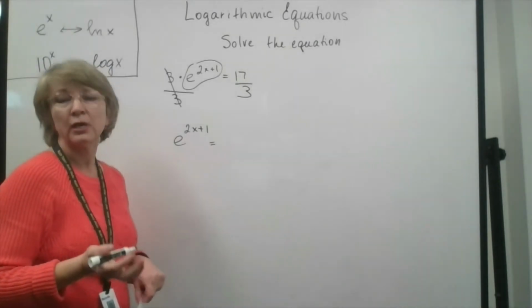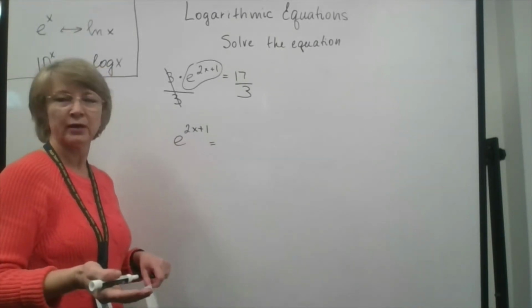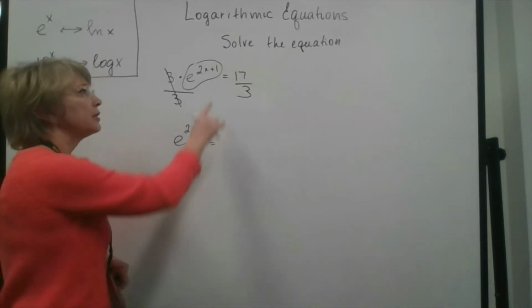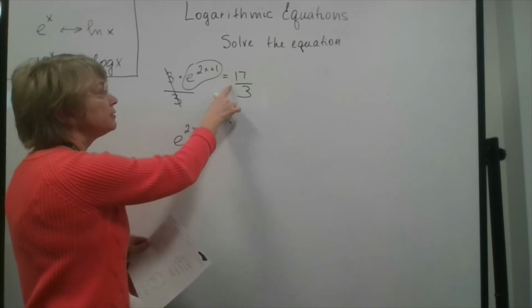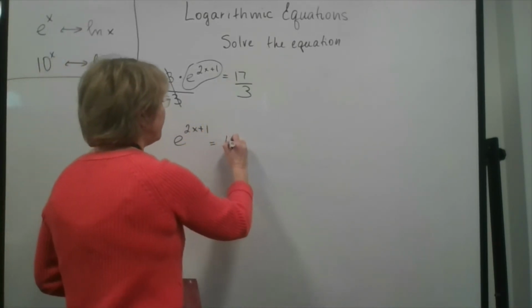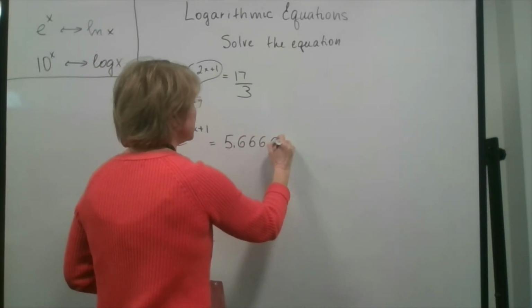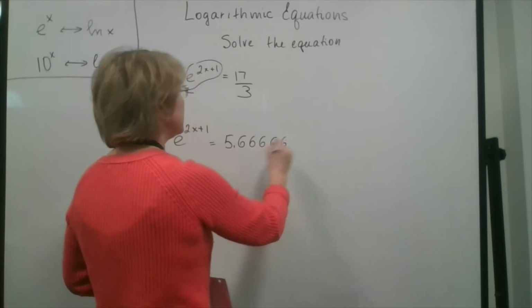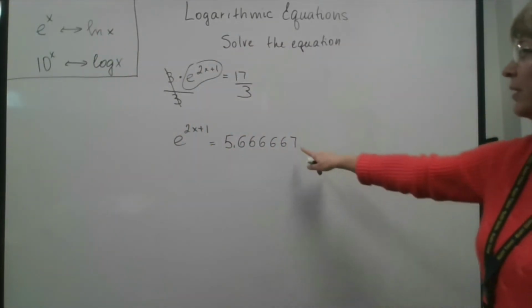I like fractions. I normally keep fractions, but some students do not like fractions. In this case, if you type on the calculator 17 divided by 3, it will be 5.66666 and continues, and I will say put 7 over here.